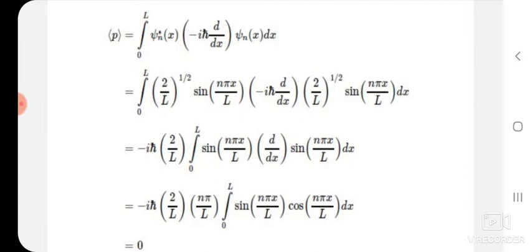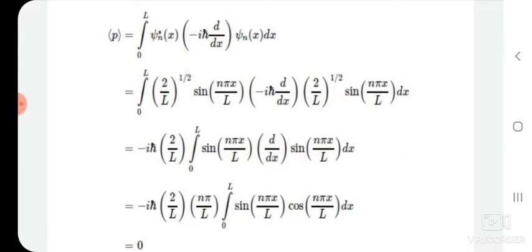If we substitute the values of psi star and psi, which is square root of 2 by L sin nπx by L, minus i h cross dou by dou x, square root of 2 by L sin nπx by L dx. Square root of 2 by L is a constant quantity, so we can take it outside the integral, which gives 2 by L. Minus i h cross is also a constant quantity that we take outside the integral.